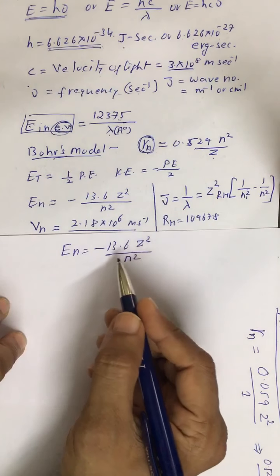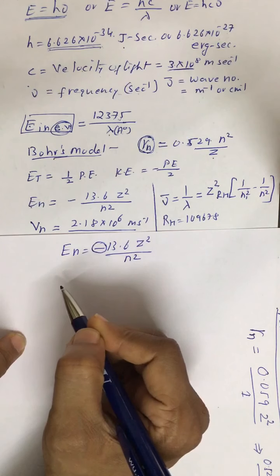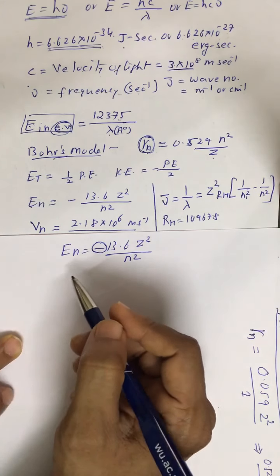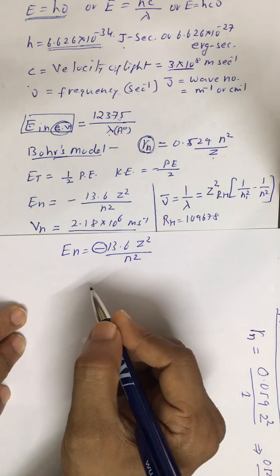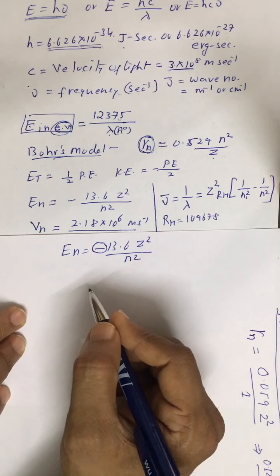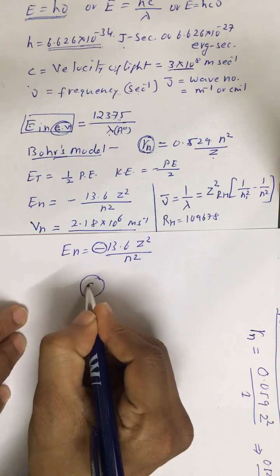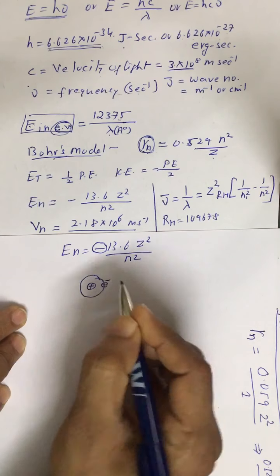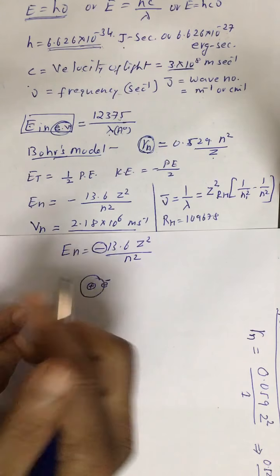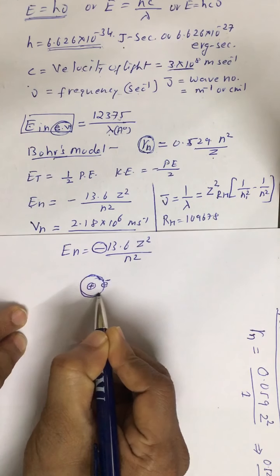All right. Here you must remember what this negative sign indicates. Actually, the energy of an isolated electron is zero. Means, let's say in the hydrogen atom we have one proton in the nucleus, and this is the electron, and it revolves around the nucleus in the first shell.